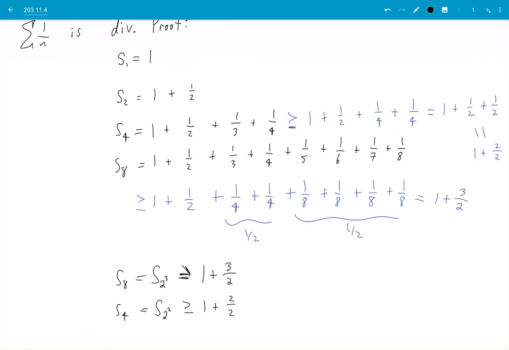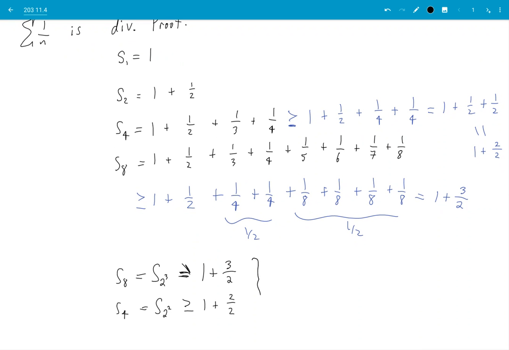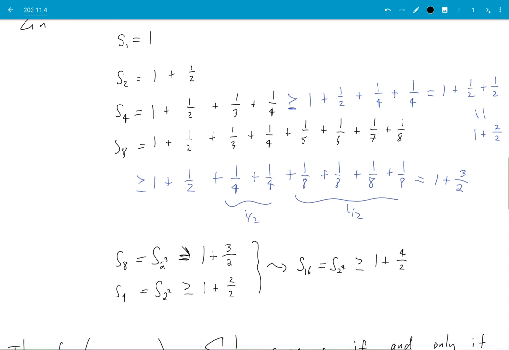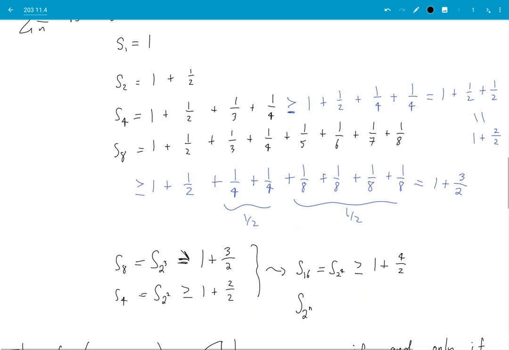So if I look at the next logical thing to try, it's actually S16, which is S_2 to the power of 4, is bigger than or equal to 1 plus 4 over 2. And in general, S_2 to the power of n is bigger than or equal to 1 plus n over 2.